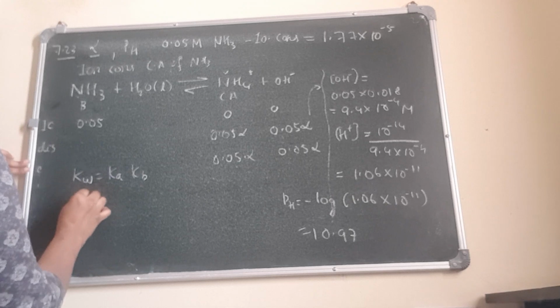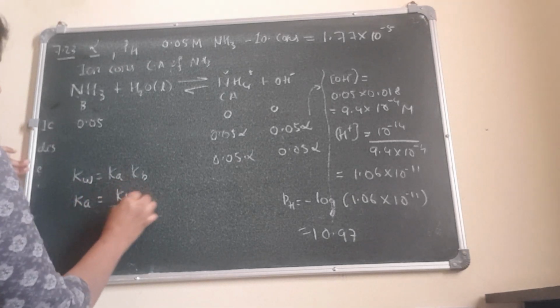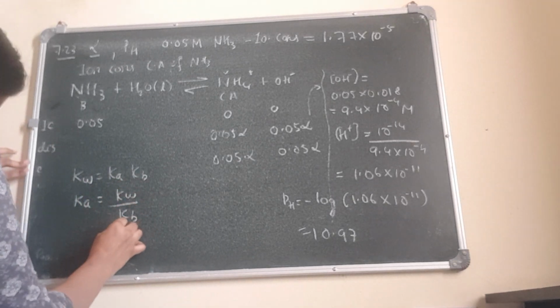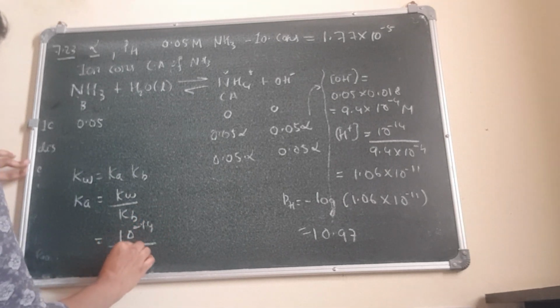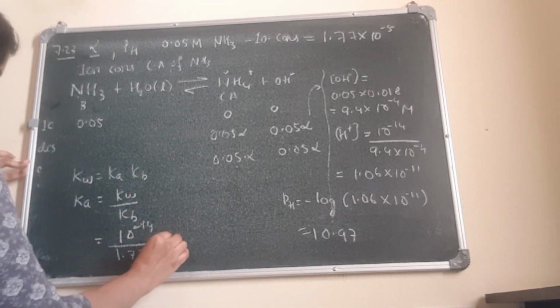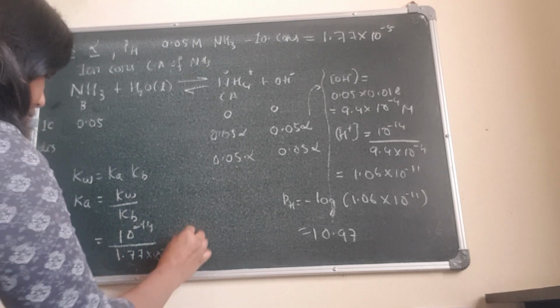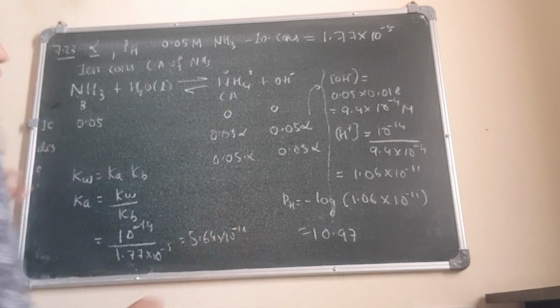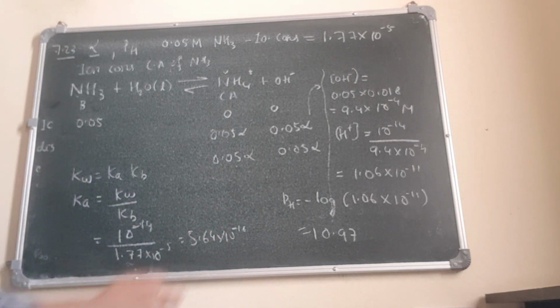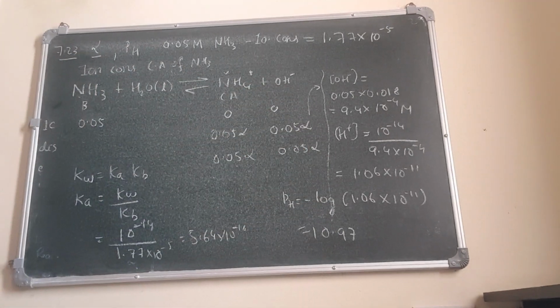So Ka will be Kw by Kb, from what we have just done. It is 10 power minus 14 by 1.77 into 10 power minus 5. This comes out to be 5.64 into 10 power minus 10. We could have done this independently, but all these calculations were done to figure out H plus and alpha.